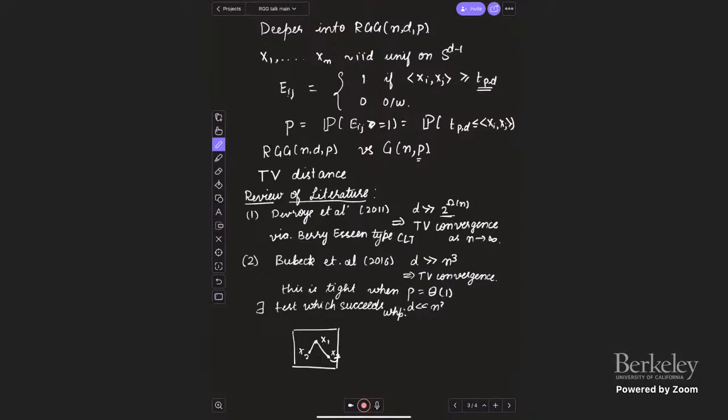Then by the triangle inequality, x2 and x3 must also be close to each other, so there is a higher probability that an edge exists between these two. What this implies is that there are a larger number of triangles compared to G(n,p).